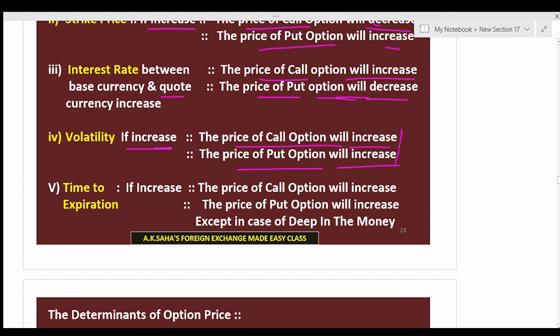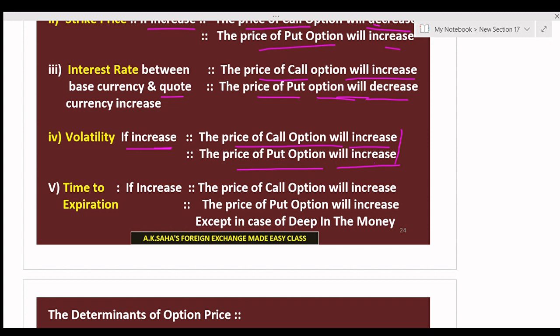Next comes time to expiration. The time to expiration is the difference between the expiration date and the contract date. If it is 3 months, then the premium will be higher for the option holder than that of 1 month, because the effect of volatility is more in a long period than in a short period.